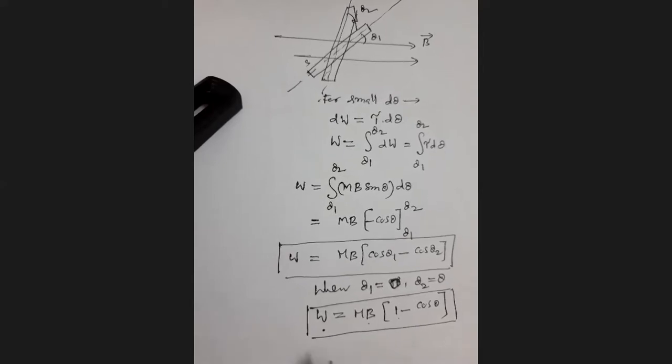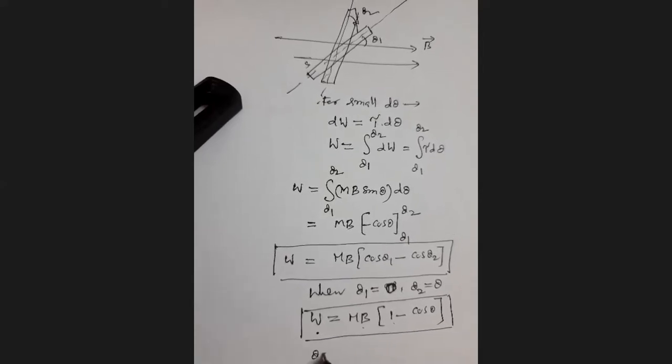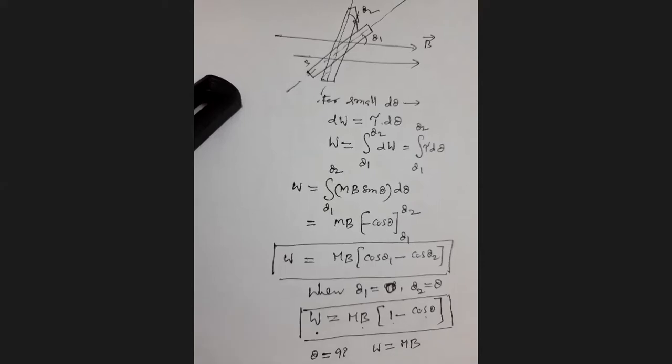In this, when theta equals 90 degrees, cos 90 is 0, then W equals mB, right? For theta equal to 180 degrees, cos 180 is minus 1, we get W equals 2mB. For another value, theta equals 0 degrees, cos 0 is 1, we get W equals 0.